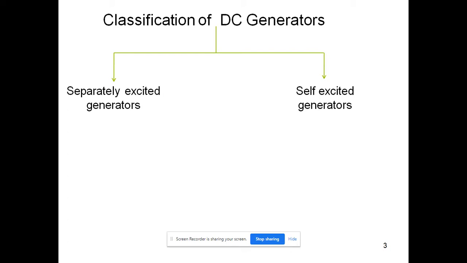So these type of generators are called as self excited generators. And these generators are further classified into three types based on the type of connection of the field.